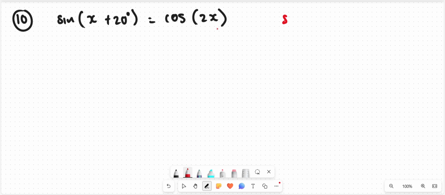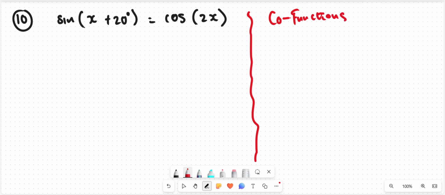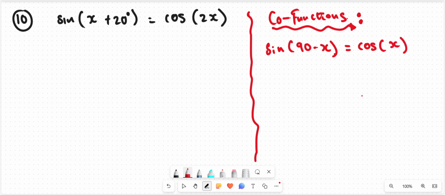But instead, we're going to use our co-functions to solve these. And let me remind you of co-functions. You would have learned these in reduction. If you don't know what co-functions are, please go watch the reduction video that I posted. So one of them says if I have a sine of 90 minus x, or 90 minus theta, I can write it as a cos x.